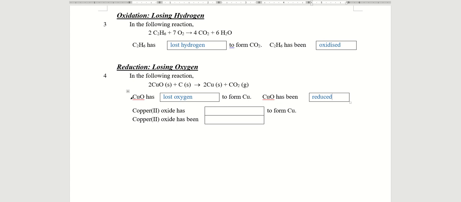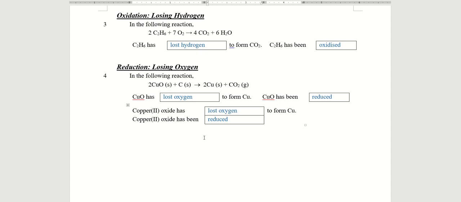I could write the answer in terms of the chemical formula, which is a bit simpler here since the equation has been given, or we can write it in terms of the names of the compounds. So we can say copper 2 oxide has lost oxygen to form copper, and therefore copper 2 oxide has been reduced.